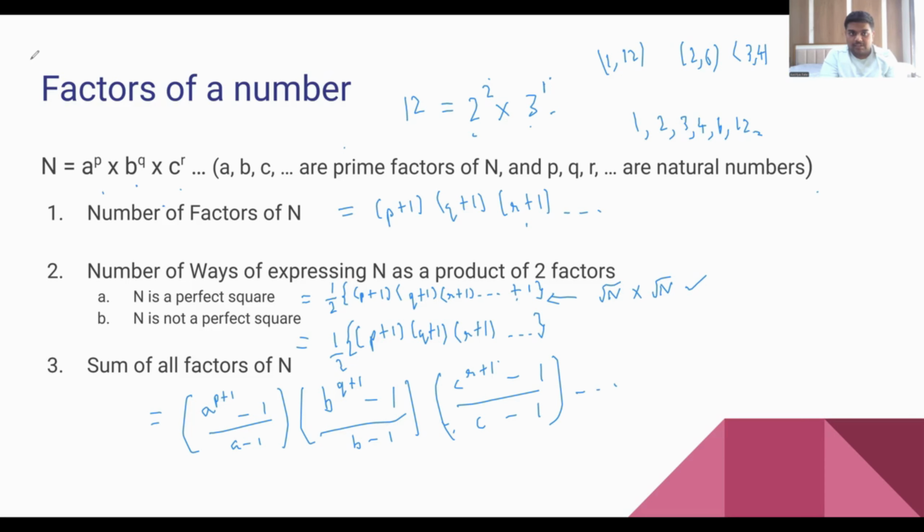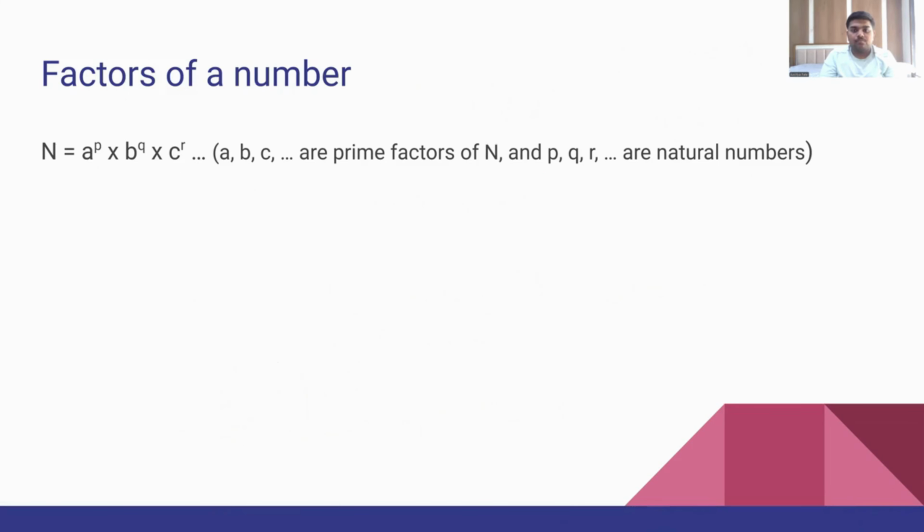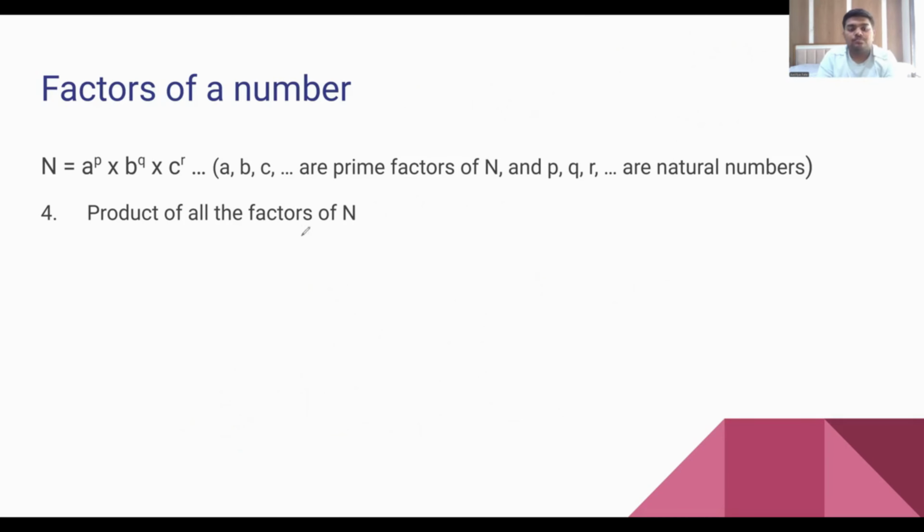Now let us look at some other things related to the factors of a number. The next thing is the product of all the factors of n. This is an interesting one. If the number of factors is equal to d, let us say, then the product of all the factors of n is equal to n to the power d by 2.